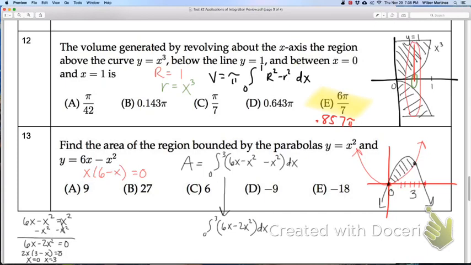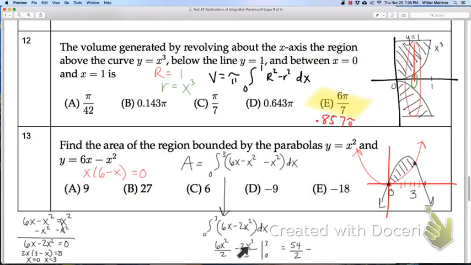dx. The integral of that is 6x squared over 2 minus 2x cubed over 3, and then from 0 to 3. If I plug in 3 to that function, I get 6 times 3 squared, that's 6 times 9, which is 54 over 2. Minus, if I plug in 3 here, I get 3 cubed, which is 27.